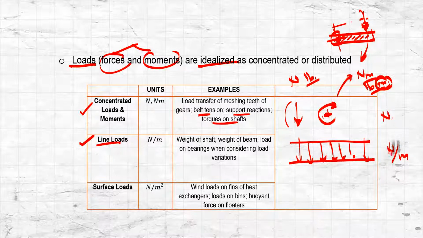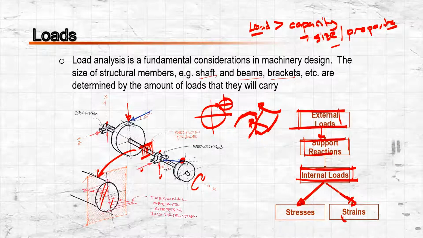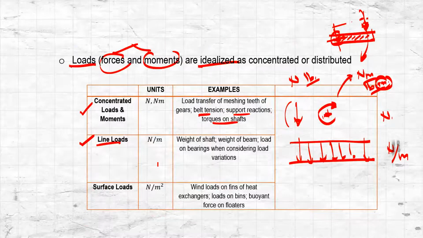Okay, so the line loads are typical for, for example, the weight of the shaft or the weight of the beam, or the load on bearings when considering the load variations. Although for support reactions, that actually depends upon the analysis.